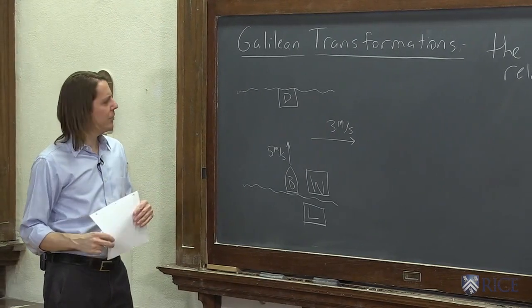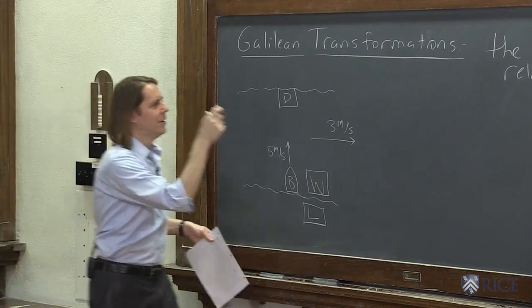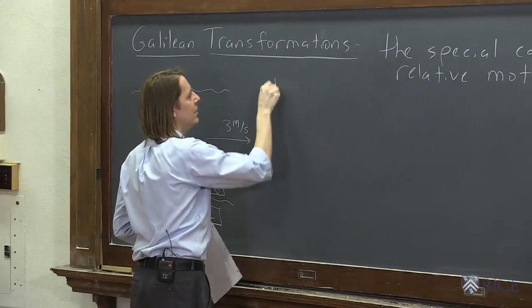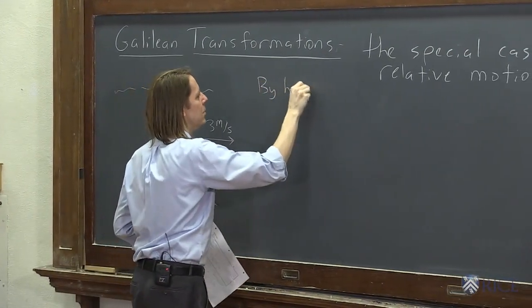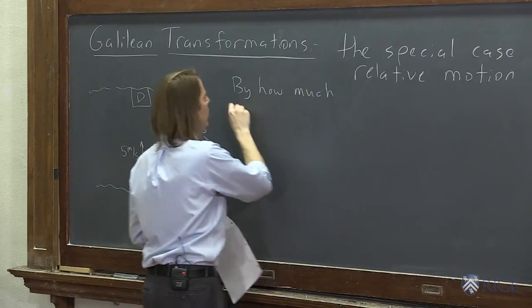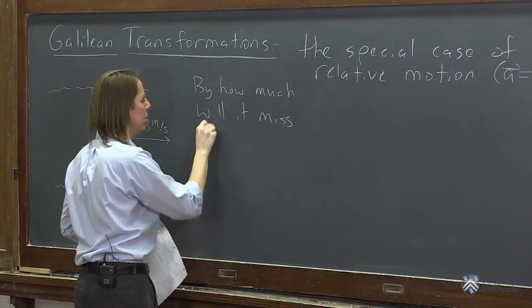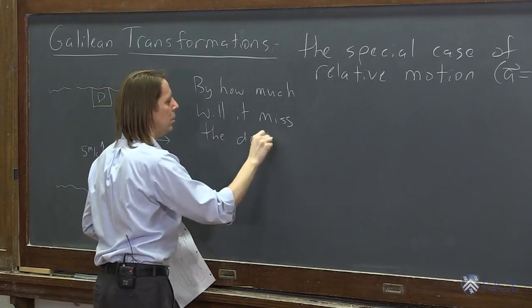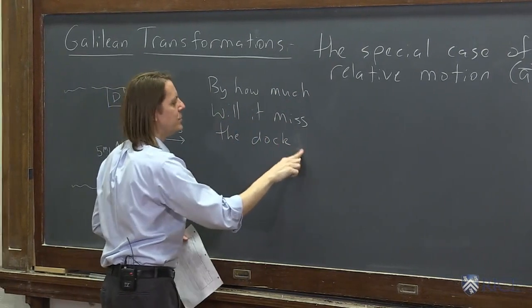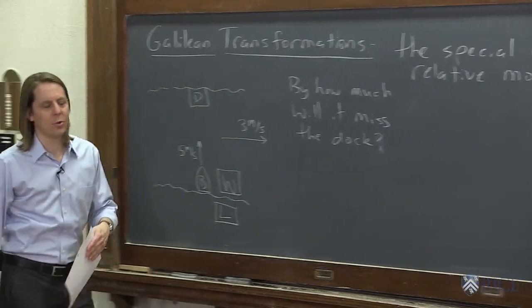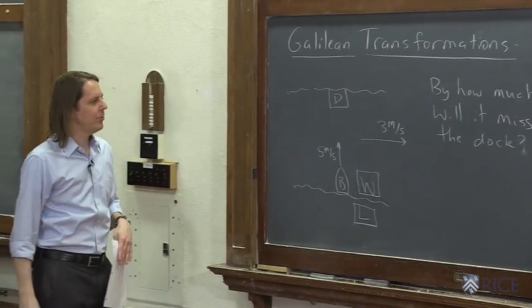Right? So if the boat just goes like that, one question we could ask is, by how much will it miss the dock? You could probably just do this intuitively with kinematics, but let's go ahead and look at the relative motion problem.